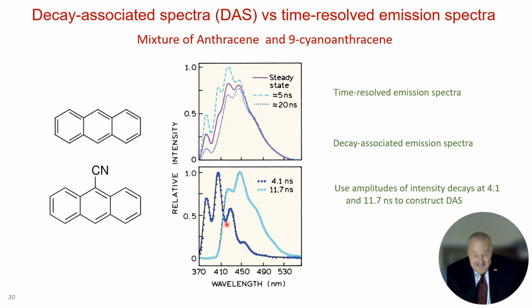So the spectra calculated for the 4 nanosecond lifetime and the spectra calculated for the 11.7 nanosecond lifetime agree with the spectra of the two fluorophores that were in the mixture. And like I said, you're using the pre-exponential amplitudes to calculate these spectra. So decay-associated spectra are different from time-resolved emission spectra.